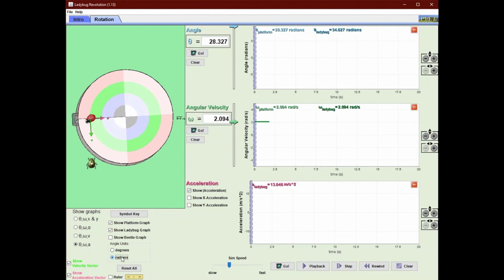I don't know if that's going to come up in this lab, but just good to know, because radians are the SI unit for angle. So be careful with that if it ever comes up. But that's all I need to say.